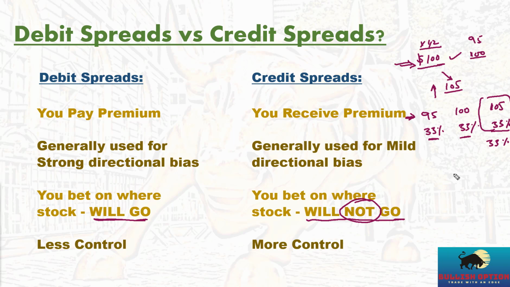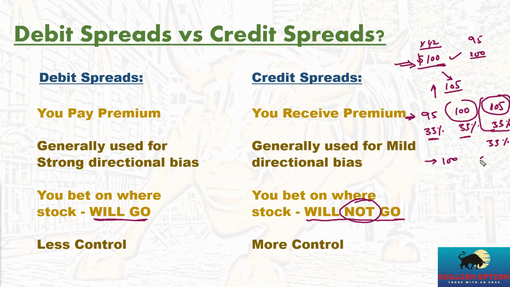Or put it that way, if a stock is currently trading at 100 and you are saying that stock will not fall too much, it will remain at either 100 or more than 100. Let's say you're betting that. Then also you will make money, because if it remains at 100, you'll make money in this case.